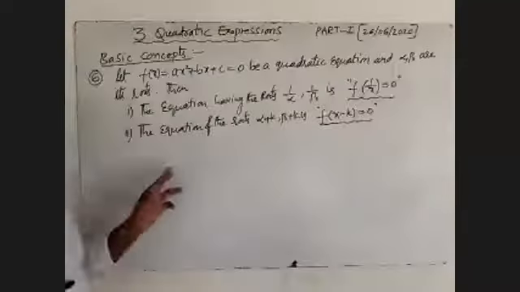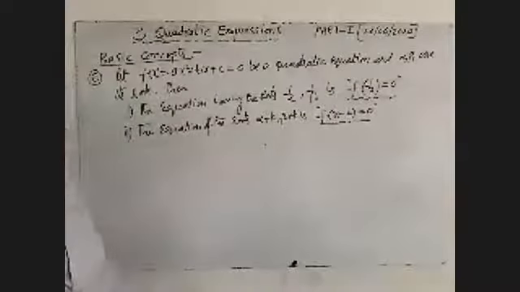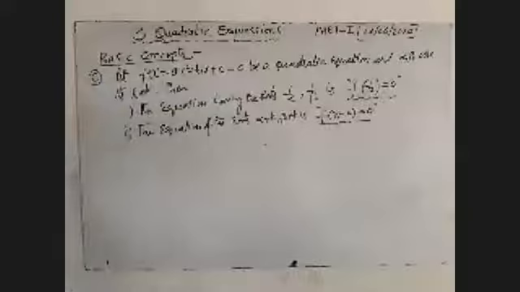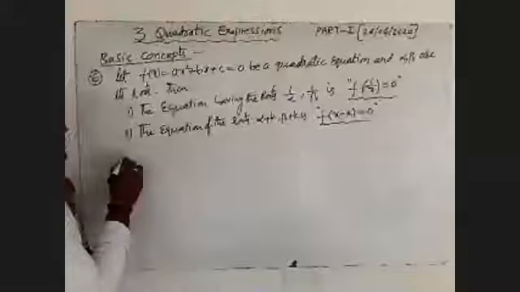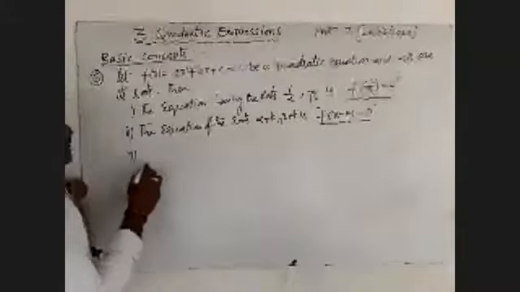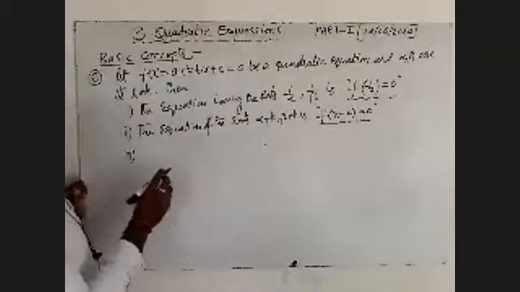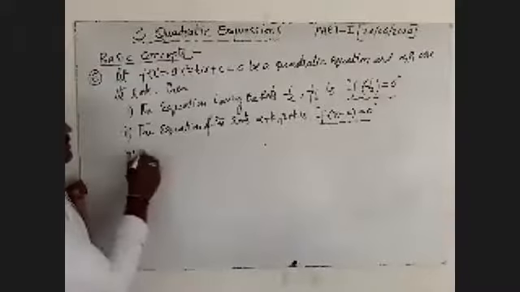The equation of the roots alpha plus k comma beta plus k is f of x minus k is equal to 0. Now I am going to the third one, that is the equation having the roots minus alpha comma minus beta.